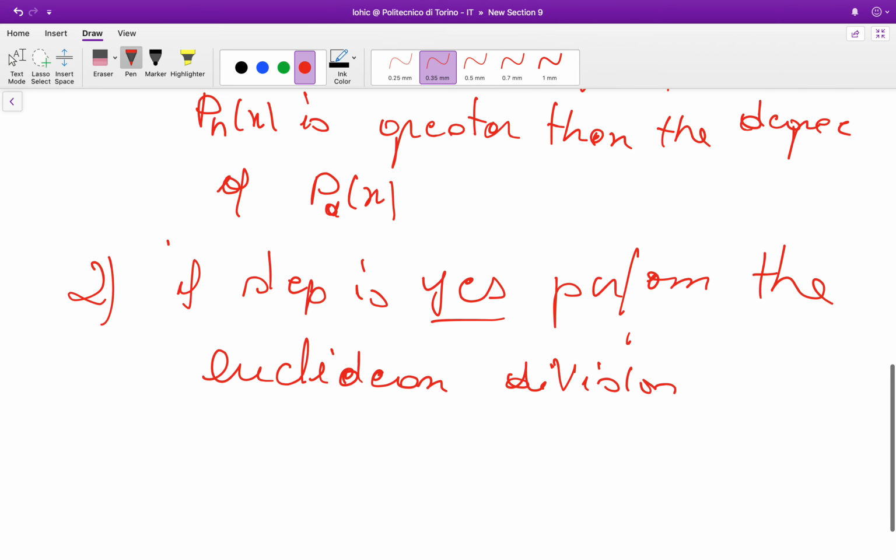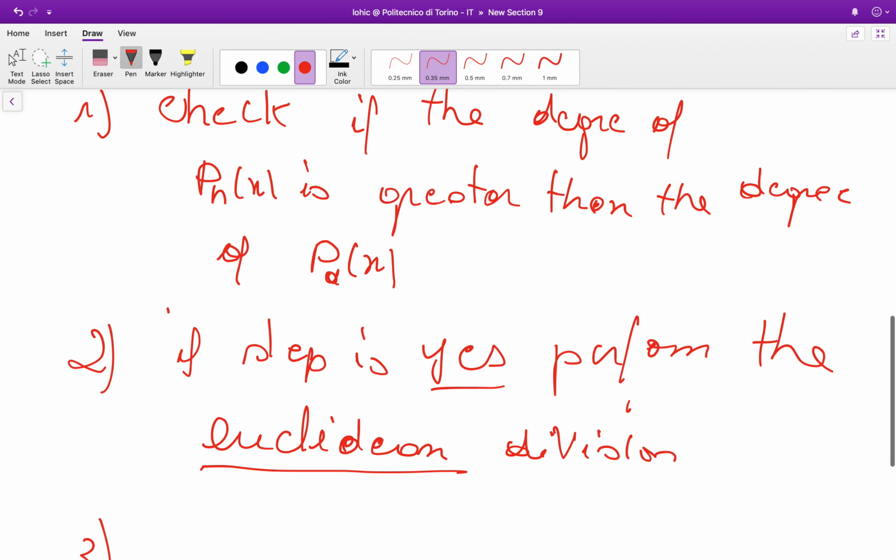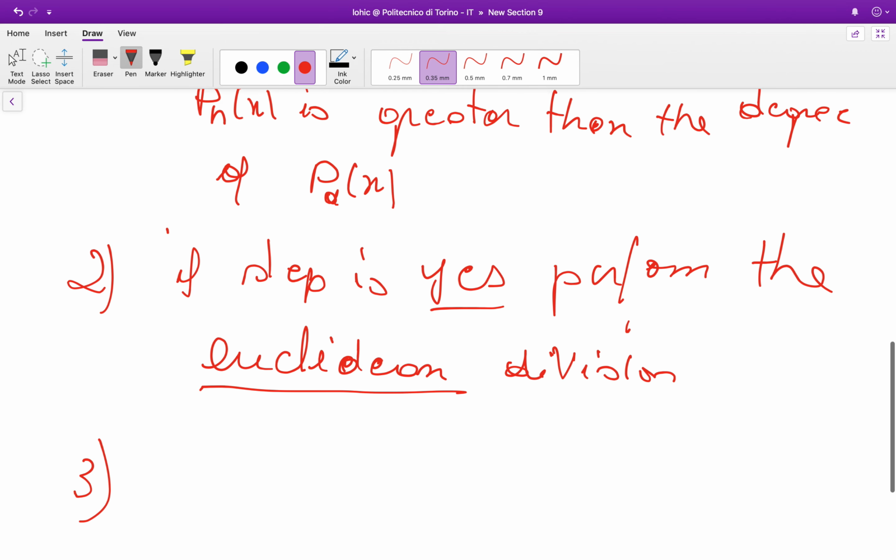We will see what the Euclidean division is. So you just do step 2 only if step 1 is yes.